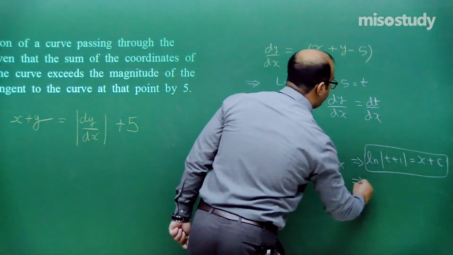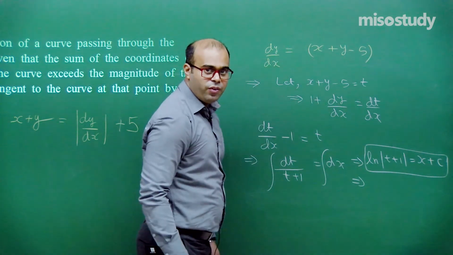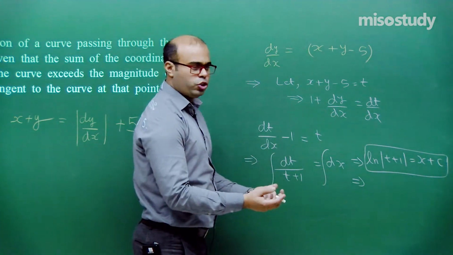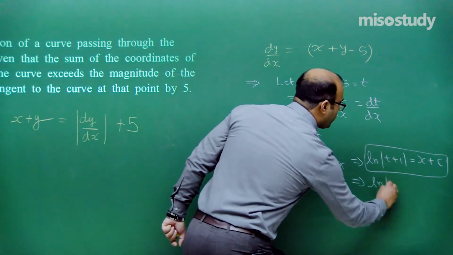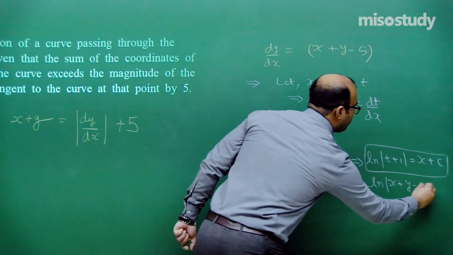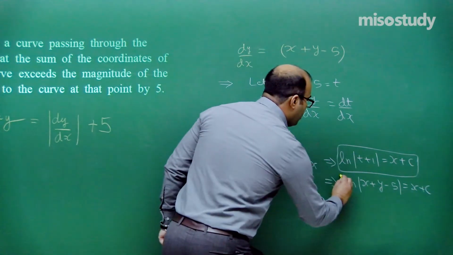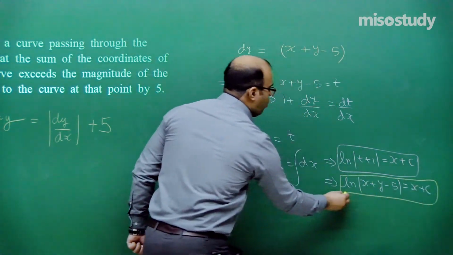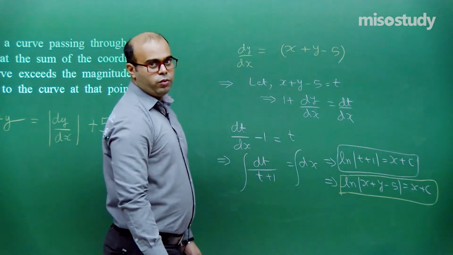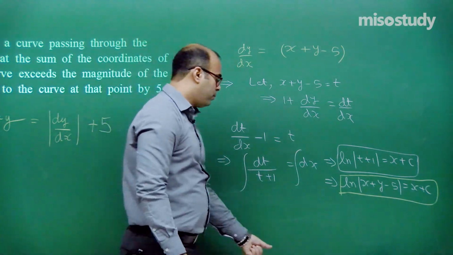Now we have to put t as x plus y minus 5 because nothing called t was given in the question. So log of mod of (x plus y minus 5 plus 1) is equal to x plus c. This will be the family of curves for that particular differential equation whose word problem was given.